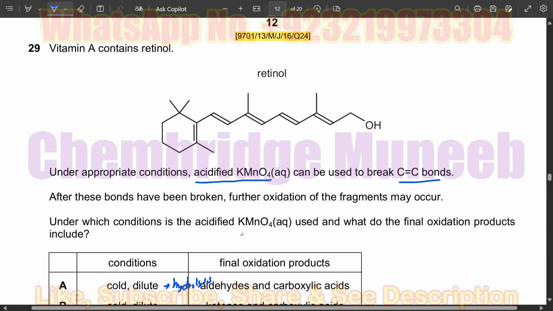So we should know a simple picture of the breaking and then the reaction with KMnO4. If we have this type of bonding in the structure, then it will give you aldehyde first.